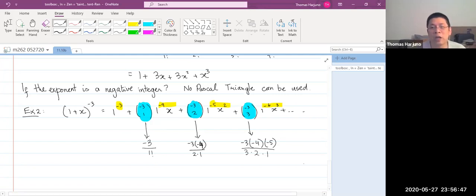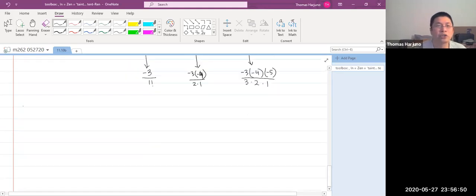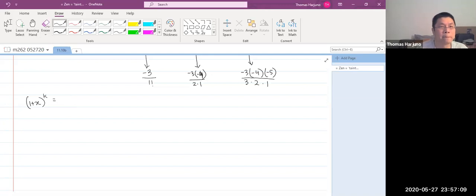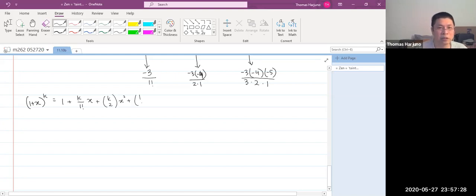Now we have a new binomial expansion. (1 plus x) to the k will be 1 to the k, which is just 1, plus k over 1 factorial x, plus k combination 2 x squared, plus k combination 3 x cubed, all the way to infinity.